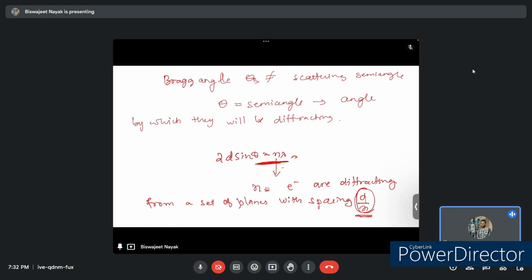Rather we say d. Okay, so this equation can be applied to planes that are occupied by different atoms too. So this formula is universal.